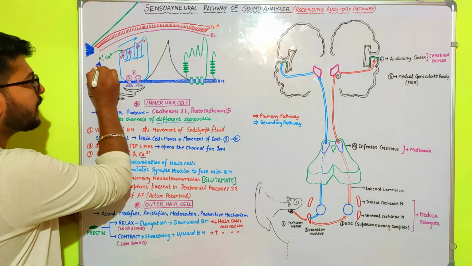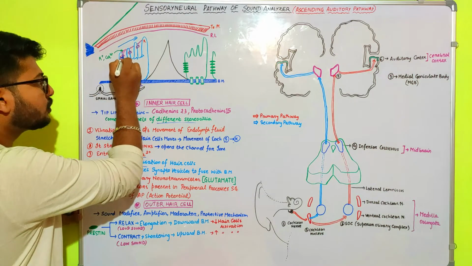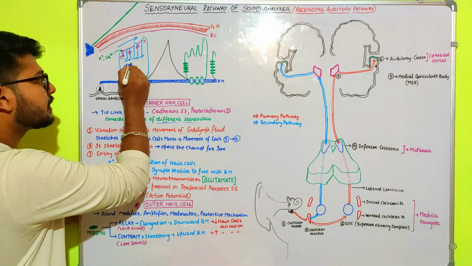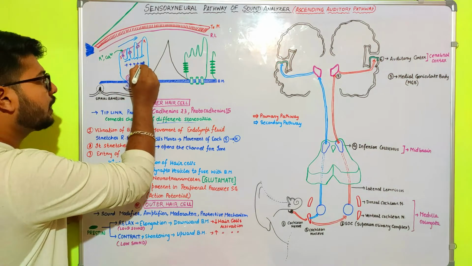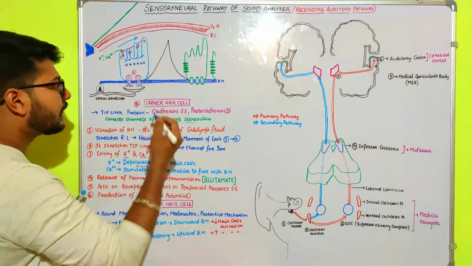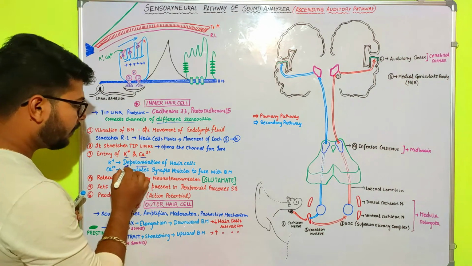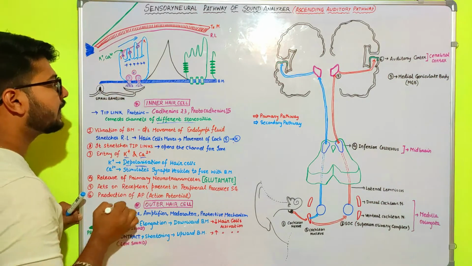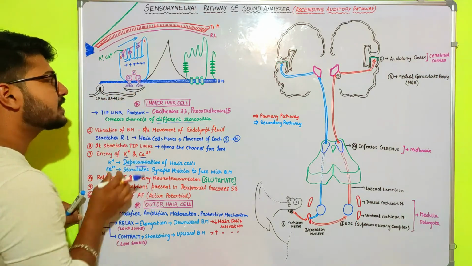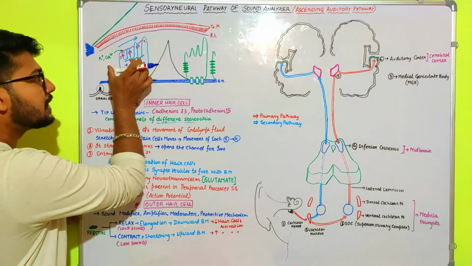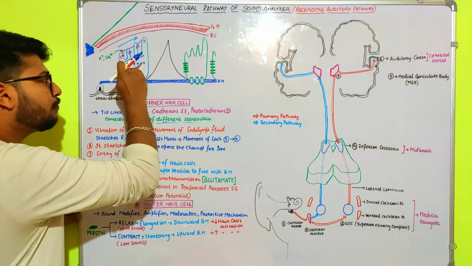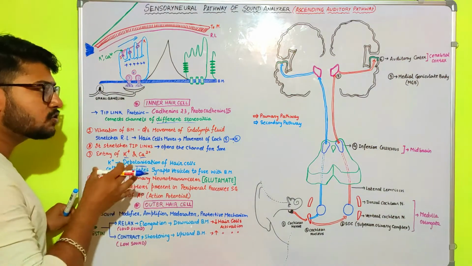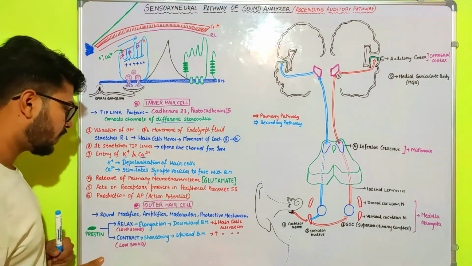When the potassium and calcium ions enter through these channels, the potential inside this hair cell will increase, and due to increasing of the potential, it will lead to depolarization of the hair cell. And when the calcium enters, the synaptic vesicles containing the neurotransmitter inside this hair cell are going to fuse with the basilar membrane, and after fusion it is going to release the neurotransmitter.